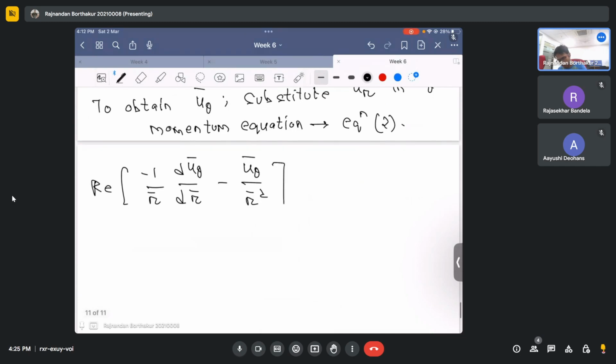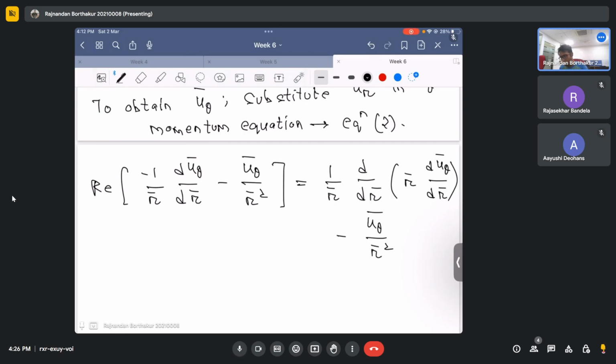This is equal to the other terms, which is 1 by r bar d by dr bar of r bar times du theta bar by dr, minus u theta bar by r bar squared. I hope this is clear.